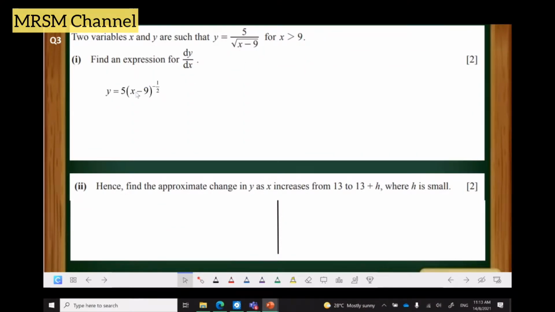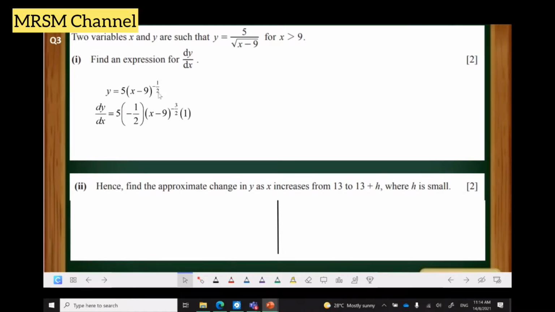And then, you bring it up, so dia akan jadi y is 5 times x minus 9 to the power of negative 1 over 2. Okay, so sampai sini, kita cari dy dx. Okay, nak cari dy dx, so 5 is always 5 here, jangan kacau dia pun tak kacau siapa-siapa duduk kat situ. Okay, so negative 1 over 2 turun depan, jadi negative 1 over 2, x minus 9.